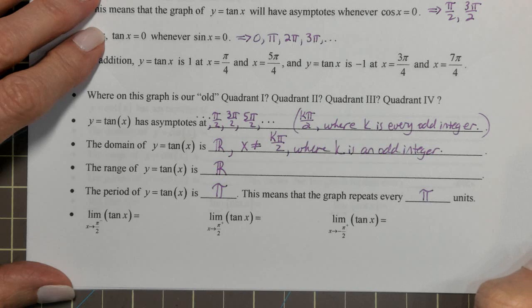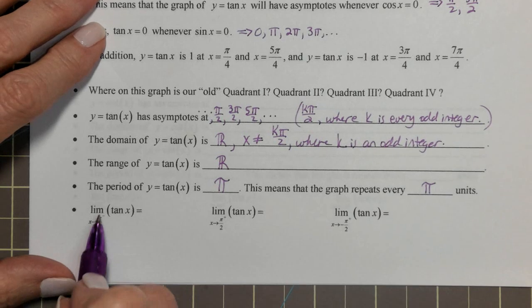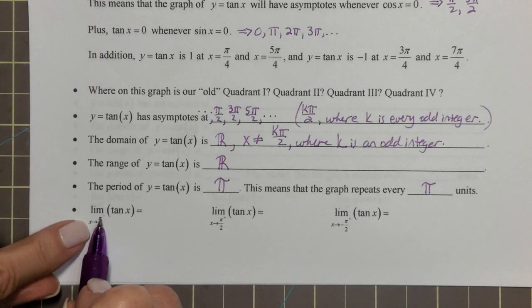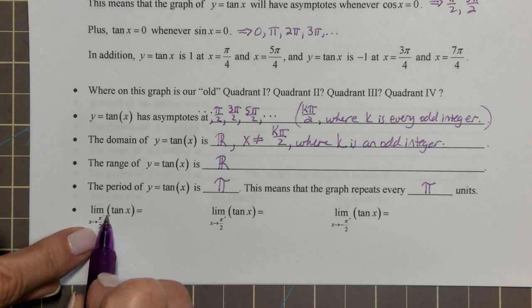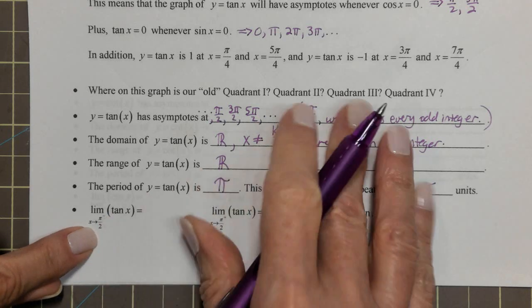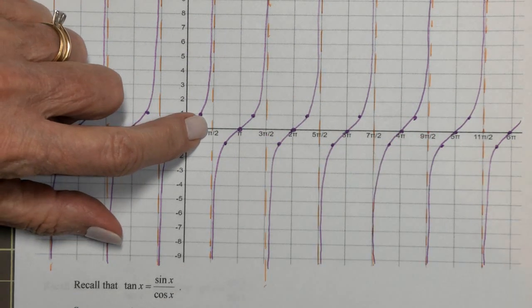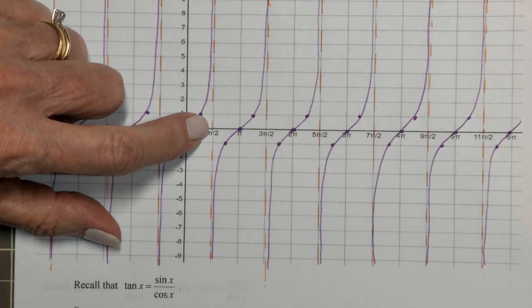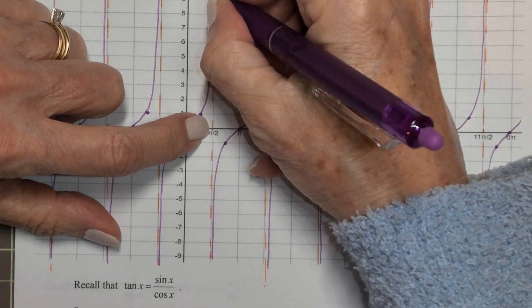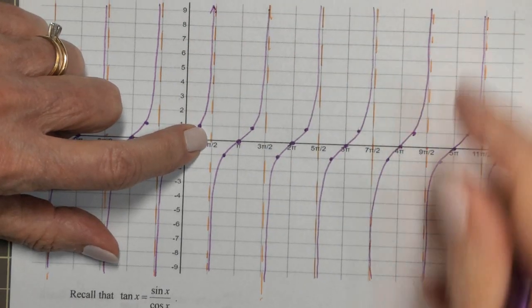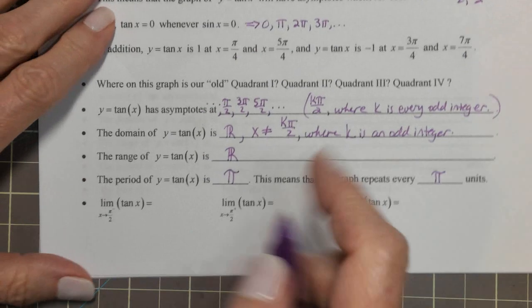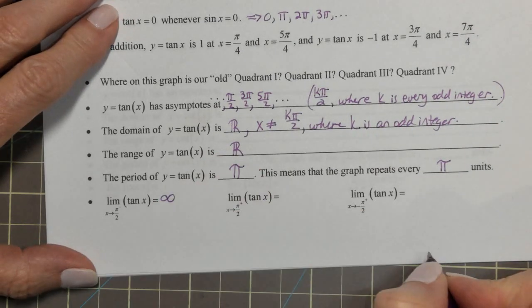Okay, one more thing to talk about with tangent before we go on. What is the limit as x approaches pi over 2 from the left? Here's pi over 2. Here's the left of pi over 2. Where is tangent? Tangent is going to infinity. So this is infinity.